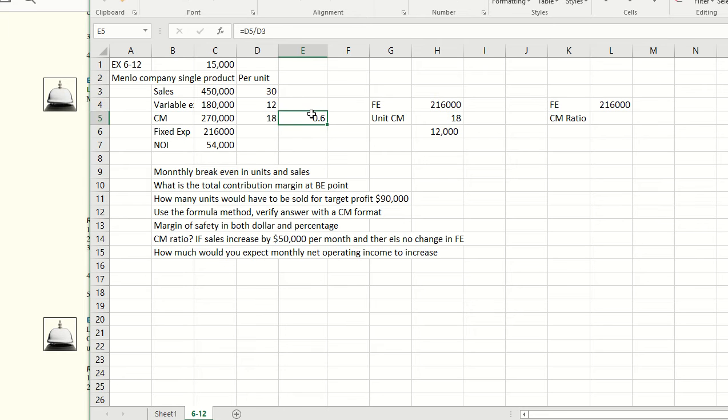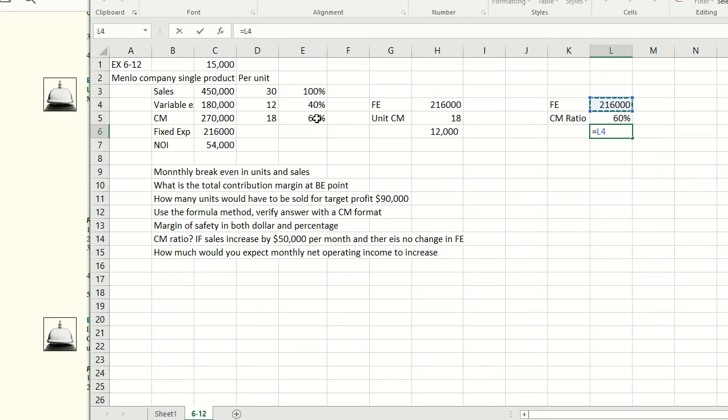It's a 60% ratio. So that means this is 100%. I found this ratio. I could also find this ratio by dividing the 12 by the 30. We normally seek the contribution margin ratio as opposed to the variable expense ratio, but it's good to know. And my ratio is going to be the 60%.